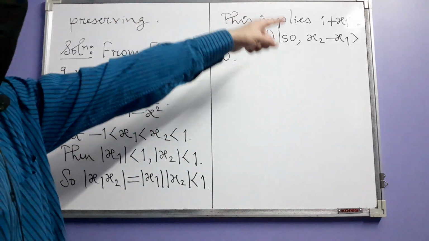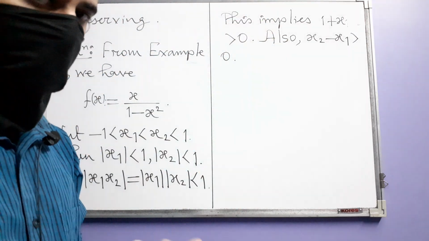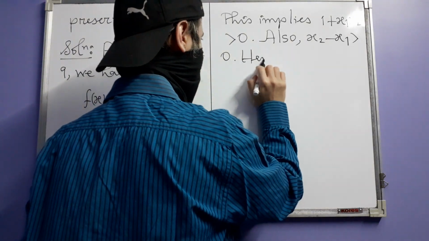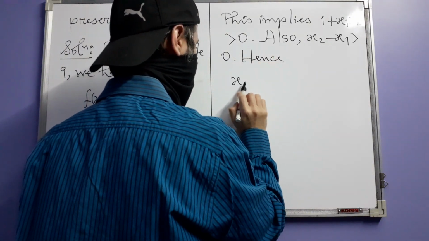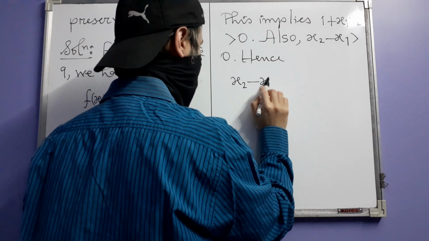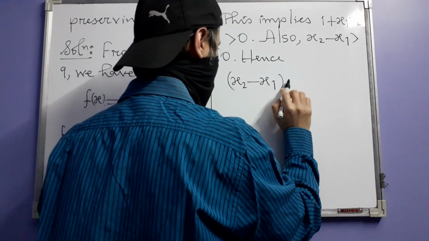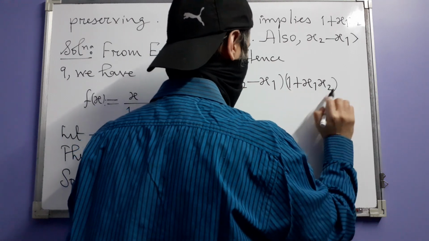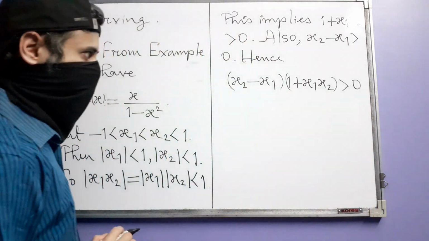So we can multiply these two positive real numbers and still get a positive real number. That is, this times this is a positive real number.